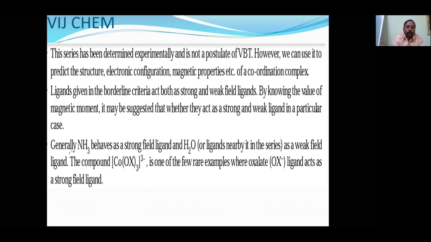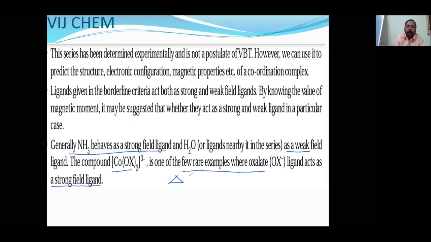Generally, ammonia behaves as a strong field ligand and H2O as a weak field ligand. That means after ammonia, whichever is higher will be strong field, and before ammonia, including water, will be weak field ligands. This is what I told you about oxalate. C2O4 2- is one of the few rare examples where the oxalate ligand acts as a strong field ligand.